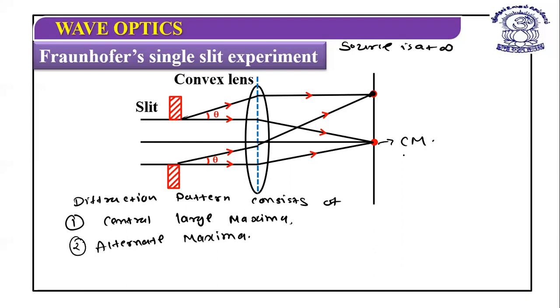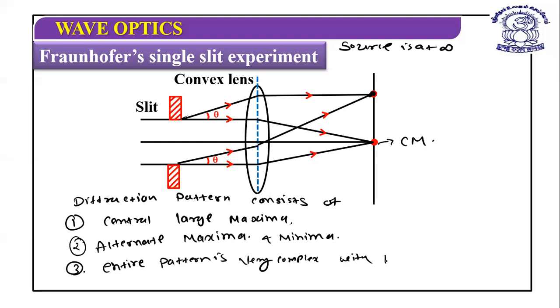Above and below the central maxima, we will have alternate maxima and minima. And in this situation, unlike the double slit experiment, the entire pattern is not steady, it is very complex with less contrast. The visibility is not one.